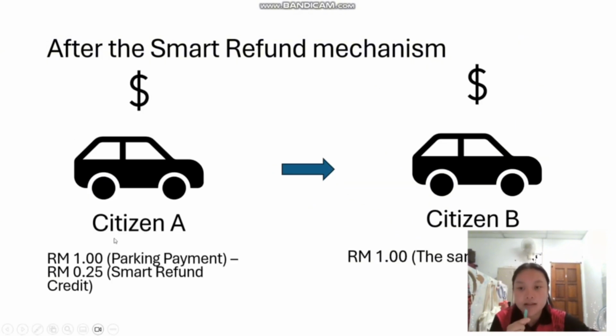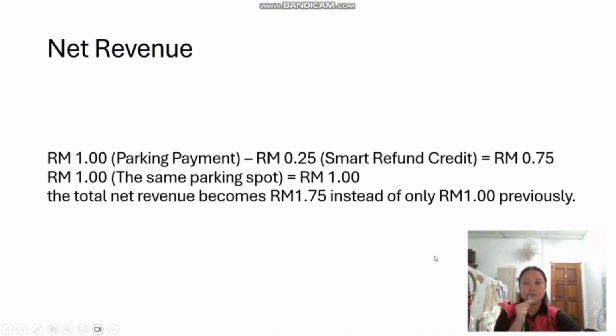For example, citizen A pays 1 ringgit as parking payment and then receives 25 cents as smart refund credit. And then citizen B pays another 1 ringgit for the same parking spot. As a result, the total net revenue becomes 1 ringgit and 75 cents instead of 1 ringgit previously.